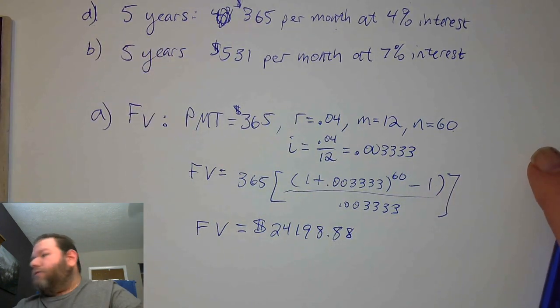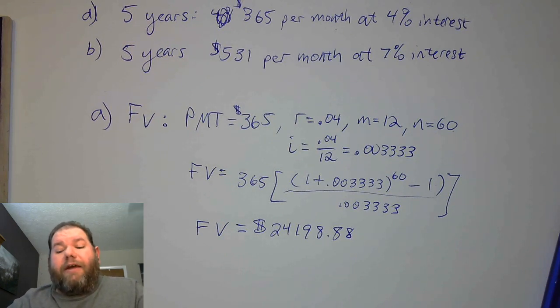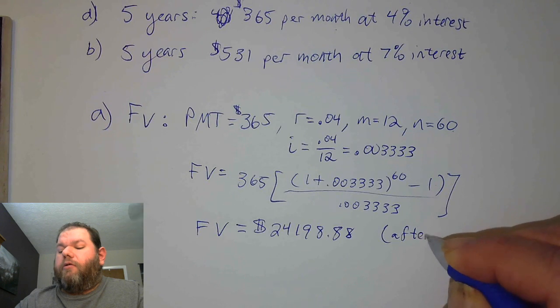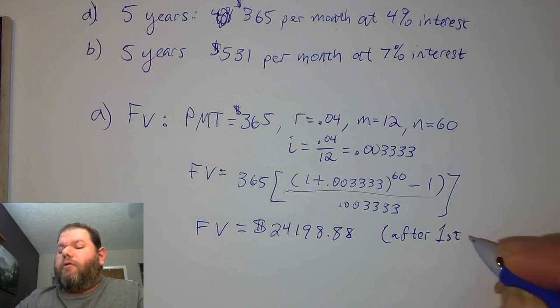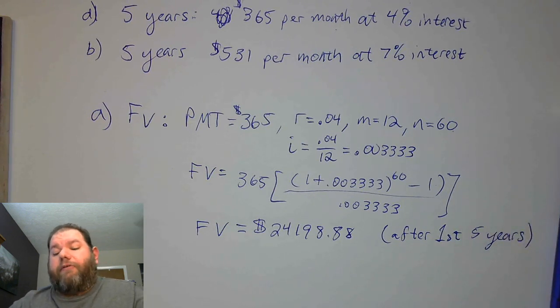So that's our future value after the first 5 years. So after 5 years of depositing $365 every month at 4% interest, this is what we should have.